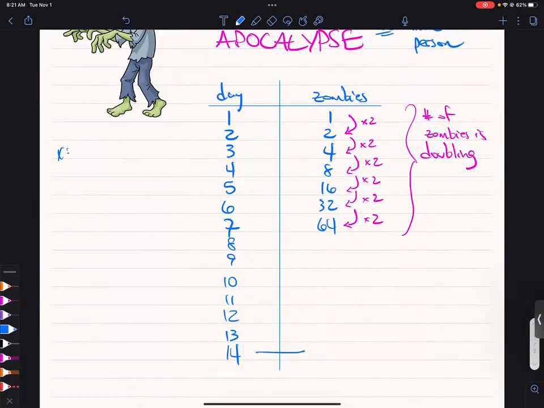If x is the number of days and y is the number of zombies, then this is 2 to the x.